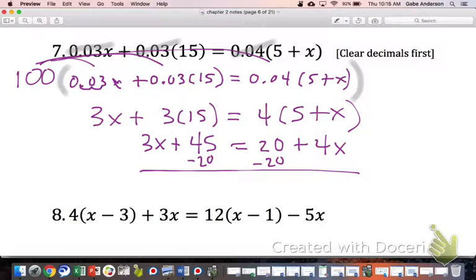So I got 25 for 45 minus 20, and so 3x of 25 equals 4x, which subtracts the 3x from the 4x, which is just 1, so 25 equals x. So I subtracted 3x from 4x. Should I do something to the left side also? Yeah, and minus. There we go.